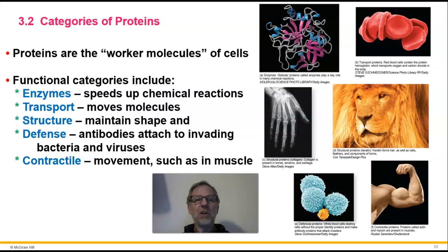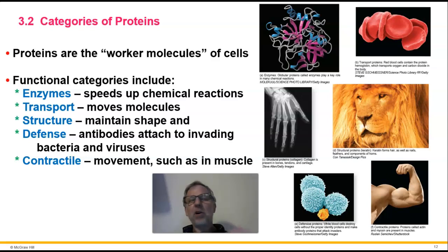Well, proteins are the molecules that are helping to build those different kinds of cells and make them do the jobs that they do. So the 5 categories that we're going over here include enzymes. You've almost certainly heard of enzymes before. Enzymes speed up chemical reactions, make them go faster.